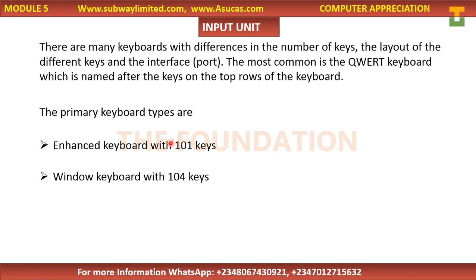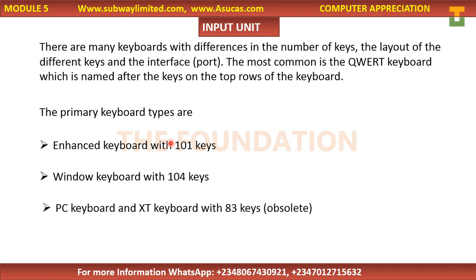If you see a keyboard with 101 keys, those are called enhanced keyboards. They don't come with the Windows key. The other keyboards that come with 104 keys, with the Windows key, we call the Windows keyboard.